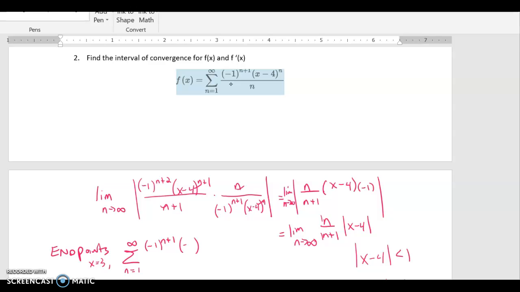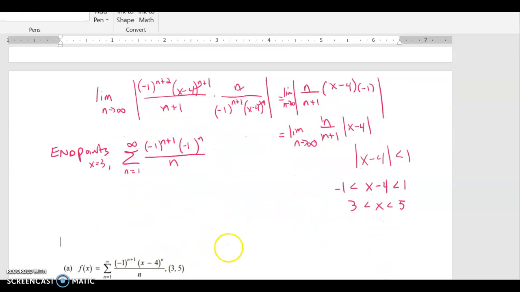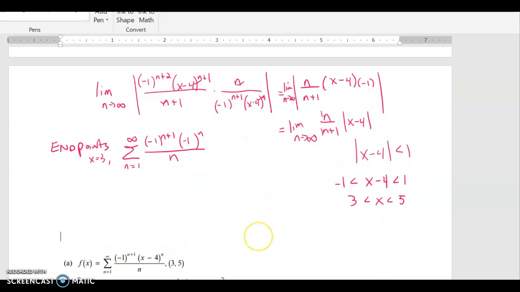Plug in the 3, that's -1 to the n, and all divided by n. Okay, so going back a few sections, what's happening with that guy? Well, let me just write down 5 while I'm here, and then we'll take a look at them. So that's going to be -1 to the n plus 1. And if I plug in the 5, of course, I'm going to get 1 to the n, all divided by n. Okay, so what's going on with these series?